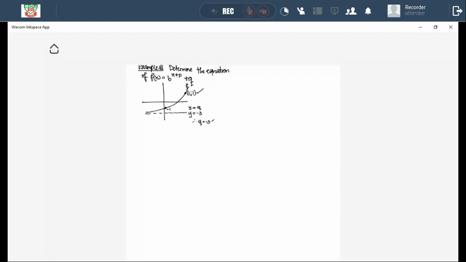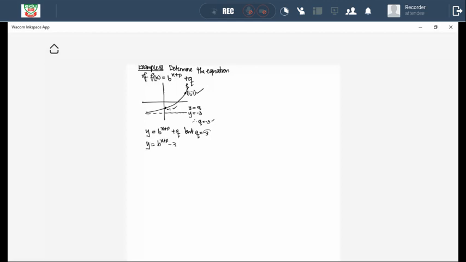The second aspect, I've got a point like that where it passes through. I also have a point like that one where it passes through. So I'm now going to say y is equal to b to the power of x plus p plus q. But q is equal to -3. Whatever I've deduced, I'll substitute it back into the expression.